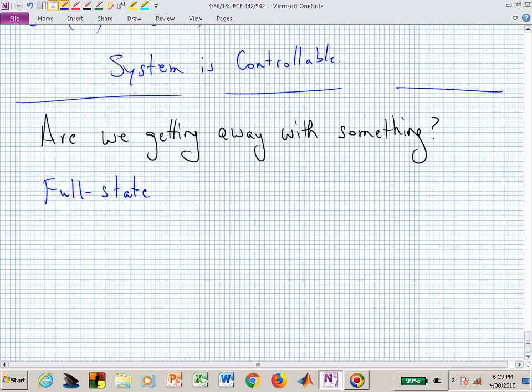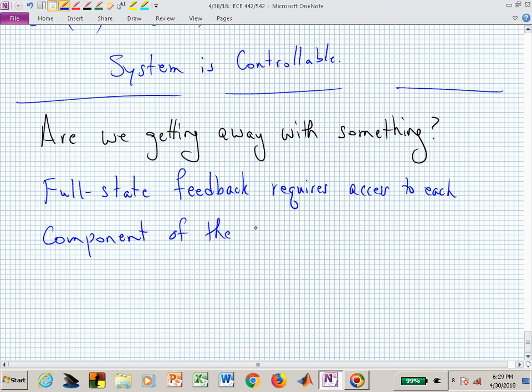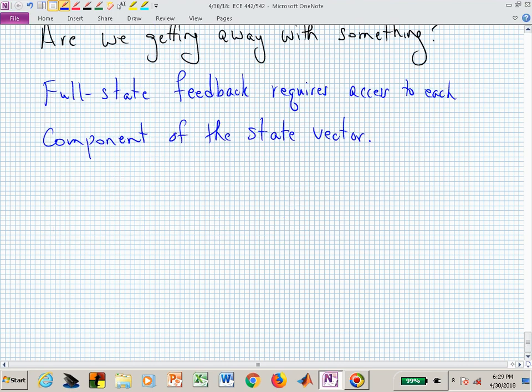Meaning, full state feedback requires access to each component of the state vector. So that's actually a big assumption.